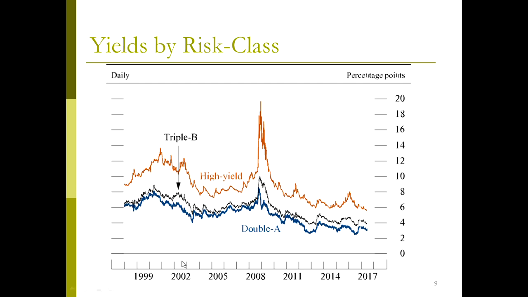So let's take a look. Over the period, the double A, the blue one, offers the blue yield, which in recent years is in the range of 2 to 4%. Okay. The black one is the triple B, which is two grades lower, because after double A you have single A, and then you have triple B. Because triple B's rating is lower than double A, triple B rated bonds have to pay you a return in the range of 4 to 5% to attract any investments in recent years.